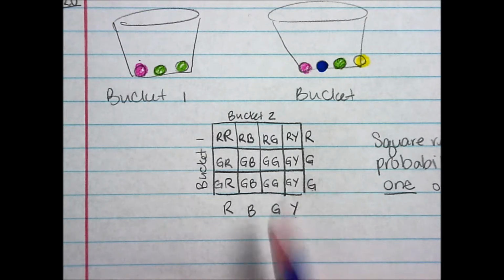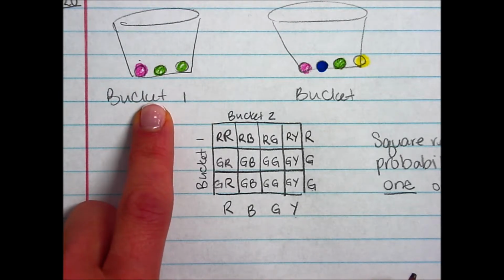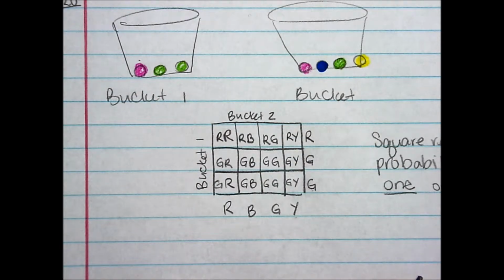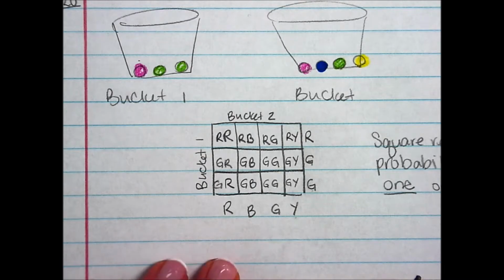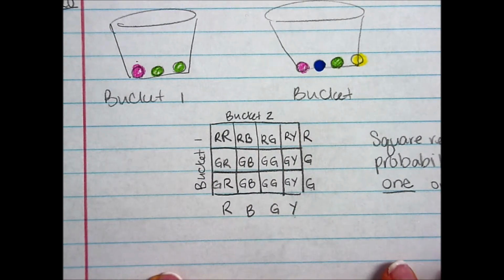A summary of what we just did is I took my square, I divided it into sections based on how many marbles were in bucket 1 and how many marbles were in bucket 2, so that I could see my outcomes. Everything on the inside will be my possible outcomes, the possible things that could happen from drawing one from each bucket.